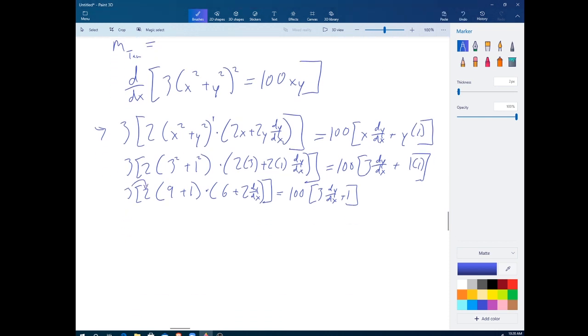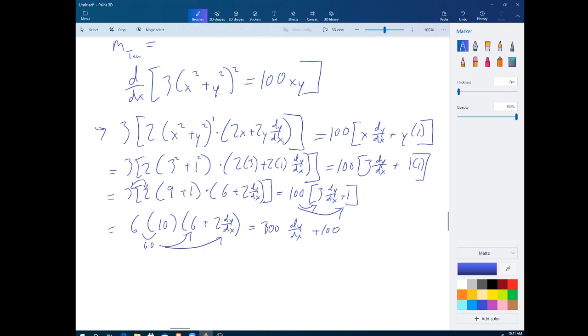I am going to go ahead and multiply that 3 by the 2. And then this becomes 10 in here. This is still unlike terms, so you still can't put them together. Here, let's go ahead and distribute the 100. All right, so this becomes 60. And then let's take the 60.